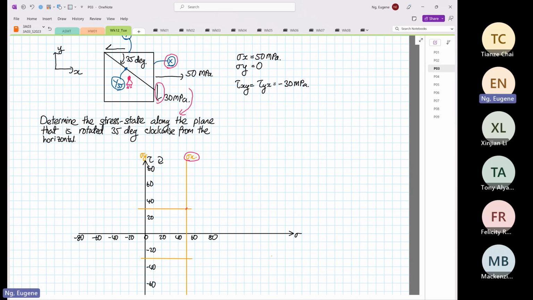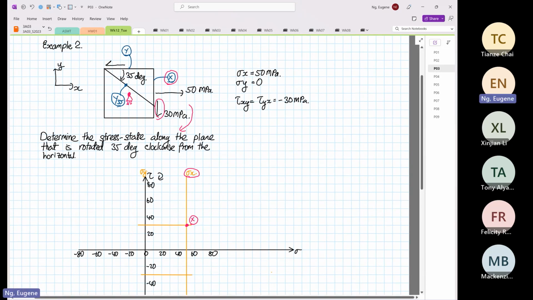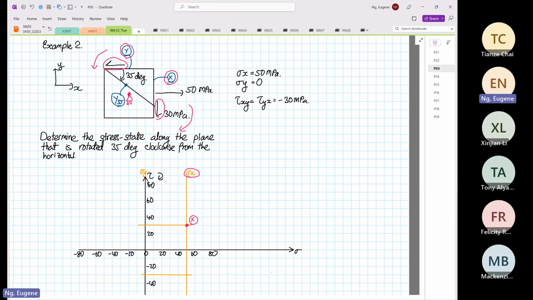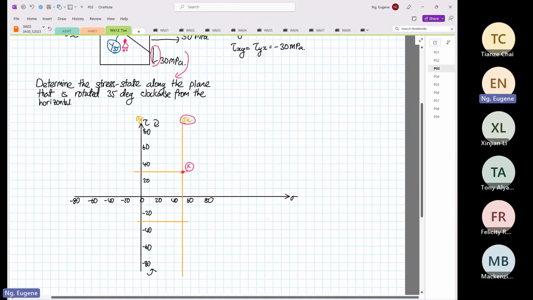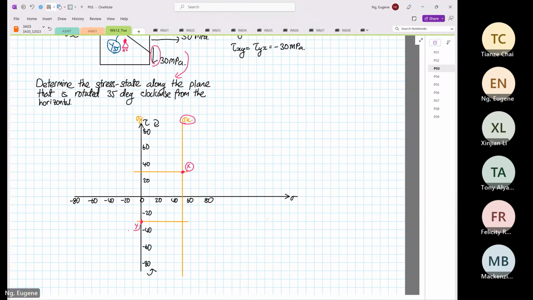So this is now your point X. And then if we were to do our point Y, you look at this arrow over here, it's going to do a counterclockwise rotation of element. So counterclockwise of element. So this is your point Y.